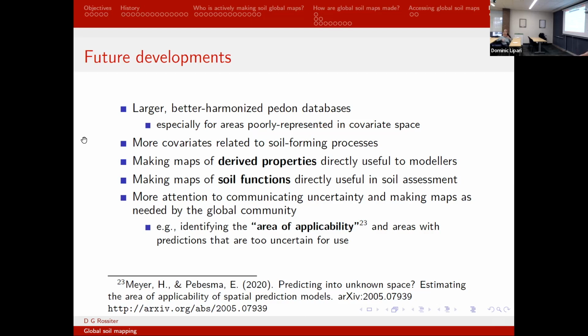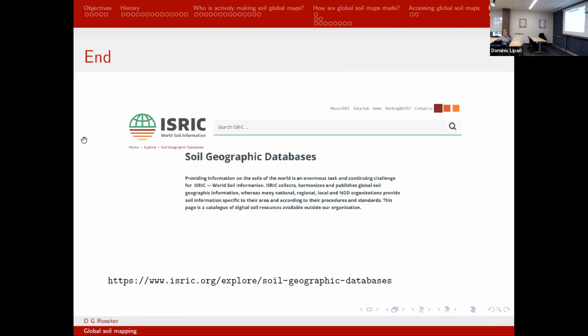What's the thermal conductivity? I was mentioning the work that was done in Sun University. And then the idea of communicating uncertainty, we'd like to be better at telling. People don't like uncertainty, but we want to tell them you probably shouldn't use this map, depending on what your purpose is. So that's it. Thanks for your attention.